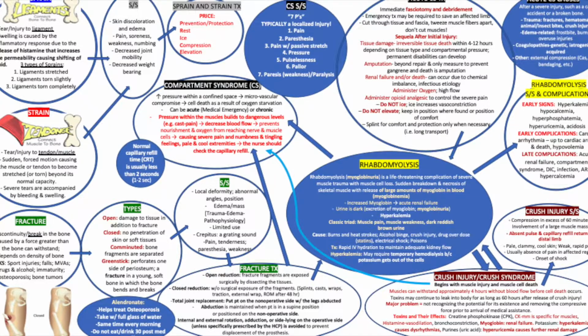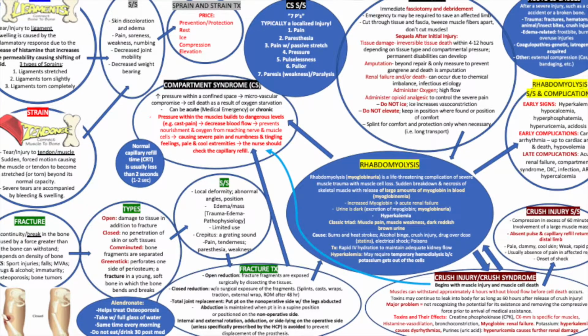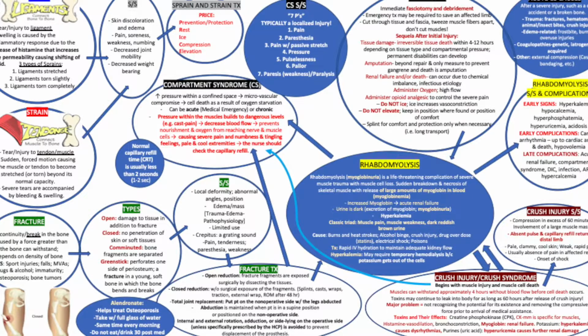It then prevents nourishment and oxygen from reaching nerve and muscle cells, which then causes severe pain, numbness, and tingling, and there'll be pale and cool extremities, and then the nurse should definitely check the capillary refill. A normal capillary refill time is usually less than 2 seconds. So if the refill time is longer than 2 seconds, it typically suggests poor perfusion due to peripheral vasoconstriction.